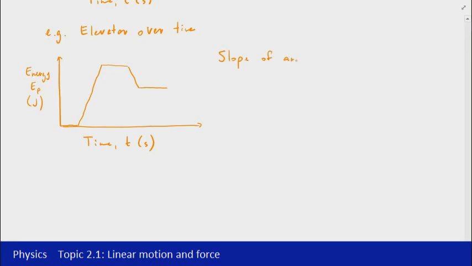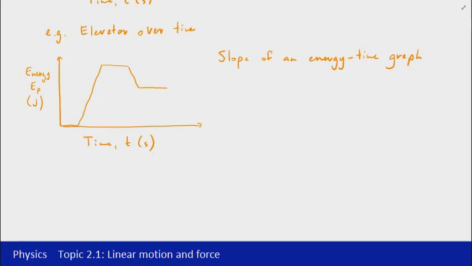So the slope of an energy time graph is another quantity that's useful. Generally speaking, with graphs, we're interested in either the area under the curve, or we're interested in the slope. So in the force displacement graph, we're interested in the area. In the energy time graph, we're now a little bit more interested in the slope.